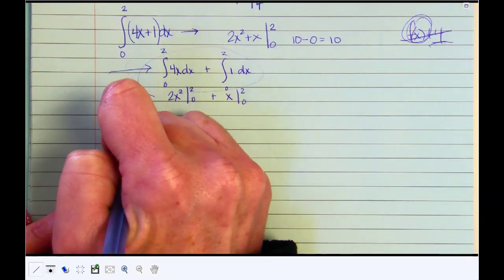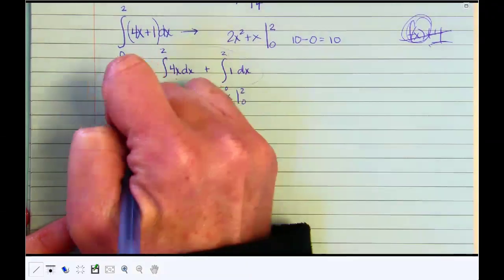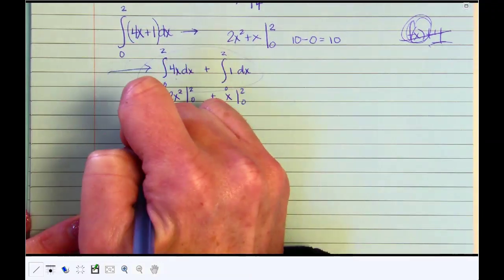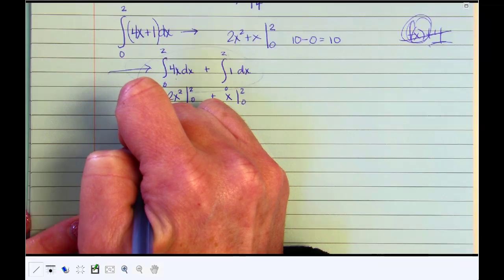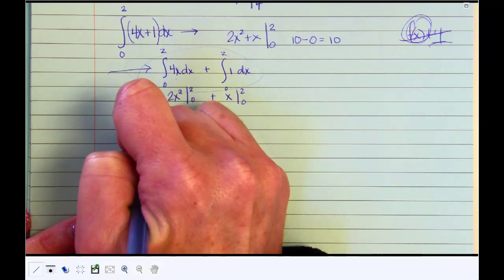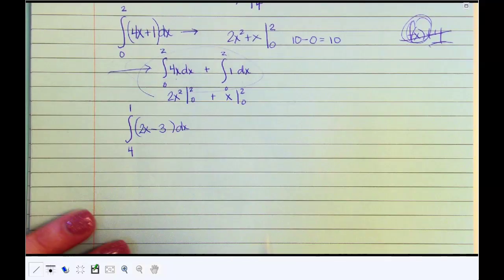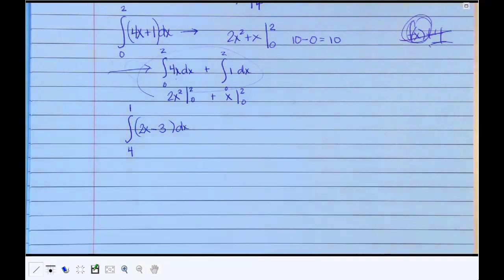Let's say you have the integral from 4 to 1 of, I'm going to make life easy again, 2x minus 3. Now, here's what I want. If you are born in an even month, like the number of your birthday month, right?